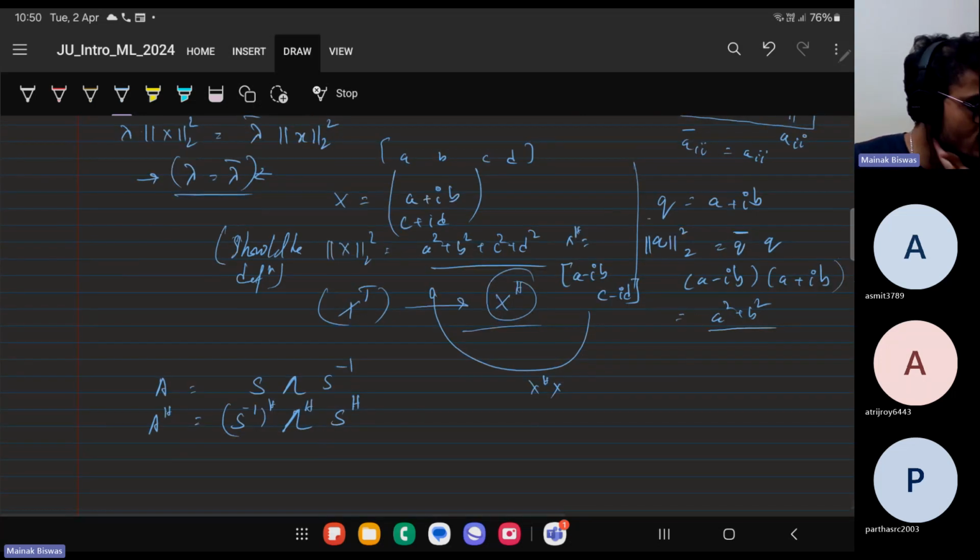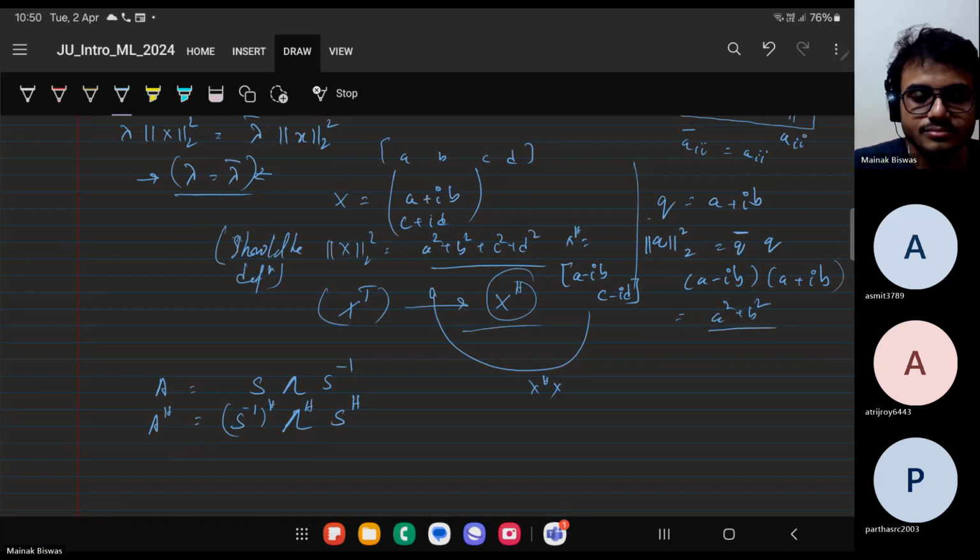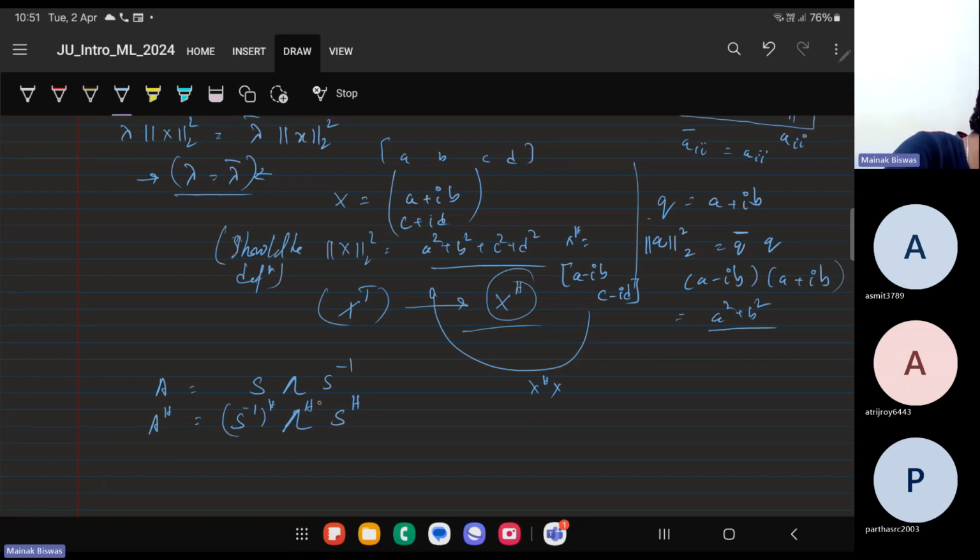How will I say from these two equations that S must be orthogonal? মাল্টিপ্লাই করে দেবো ওই A into A Hermitian করে, ওদিকে আসবে I আর এদিকে আসবে S into S inverse। I compare these two equations, lambda Hermitian is equal to lambda, right? We have proved just now, since they are real. Yes or no?